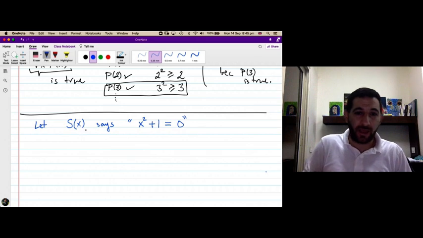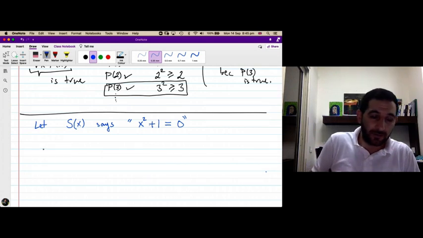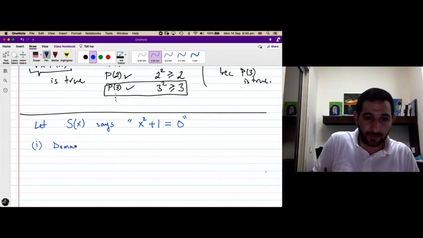Again, an object x has property S if you square it and add 1, you get 0. Now, suppose first that the domain is R, the domain is real numbers.